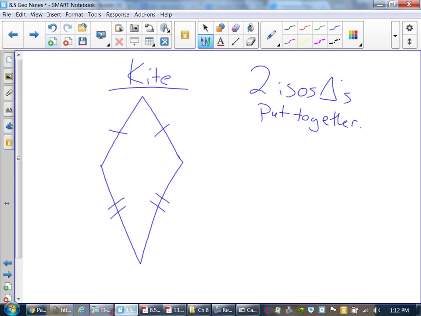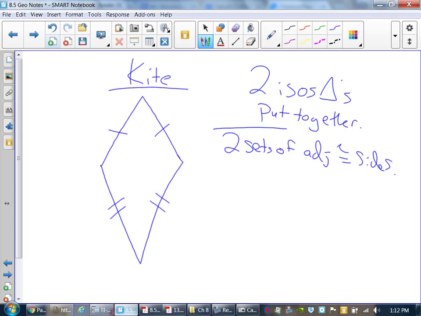So you do have 2 sets of congruent sides, but they're non-opposite. So these would be 2 sets of adjacent congruent sides.